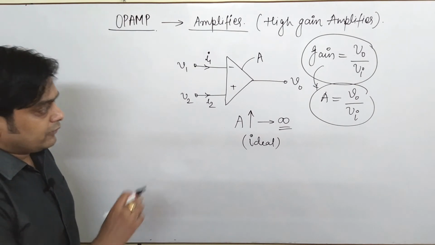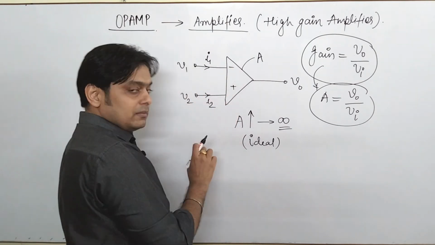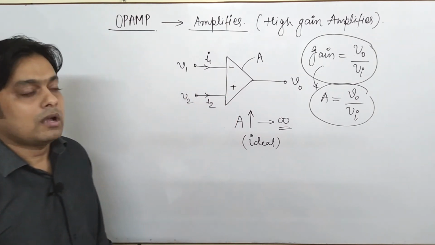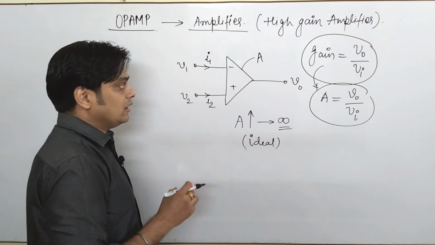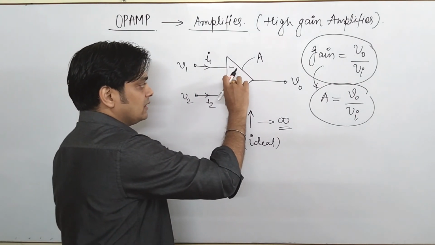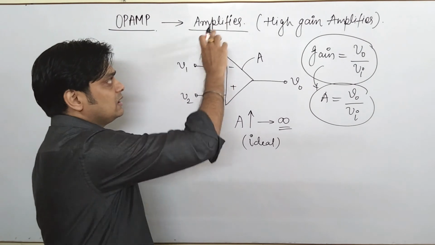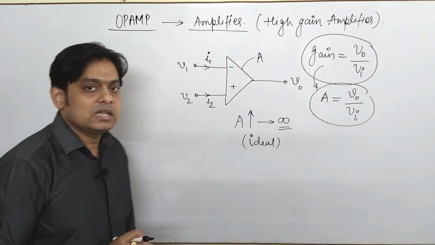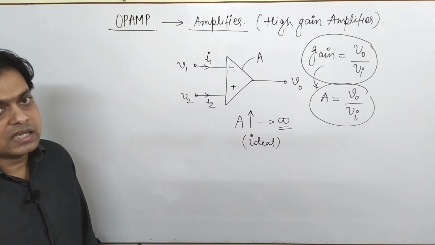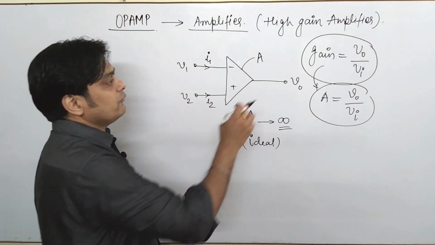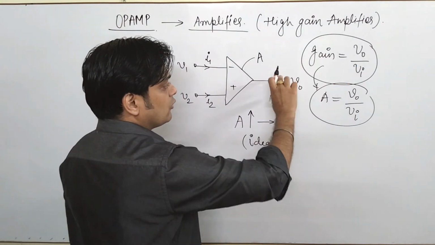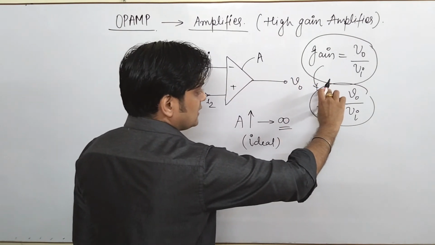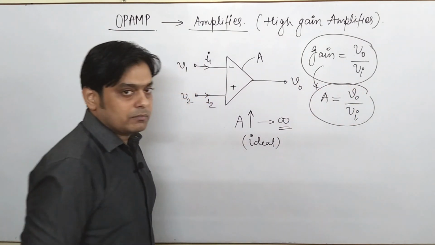Okay, so first of all, I explained what an op-amp is, what the terminals are, and what the meaning of powering an op-amp is. In the next point, I mentioned that an operational amplifier is an amplifier having very high gain, so it is also known as a high gain amplifier. And what is the meaning of gain? Gain, we know, is the ratio of output to input, denoted by A, that is V0 by Vi.